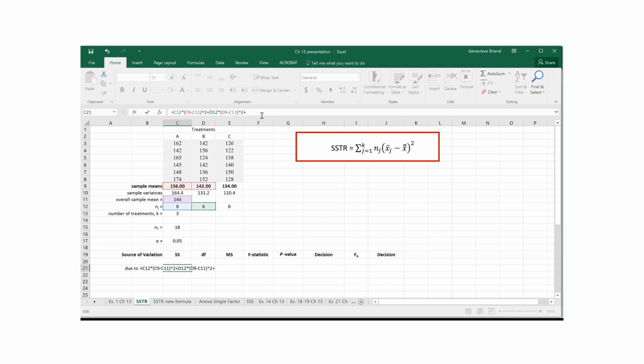and next one and last one, sample mean minus overall mean, so that's my deviation, and square that deviation.